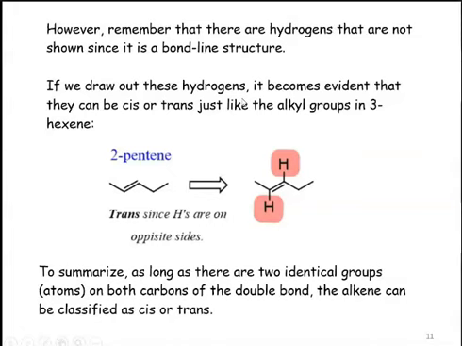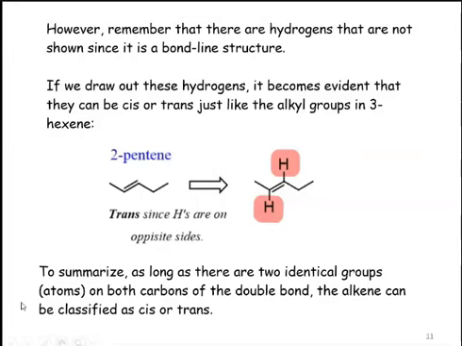Now, if we draw these two hydrogens, it becomes easier and evident that they can be easily distinguished into cis or trans, just like the presence of alkyl groups in 3-hexene.